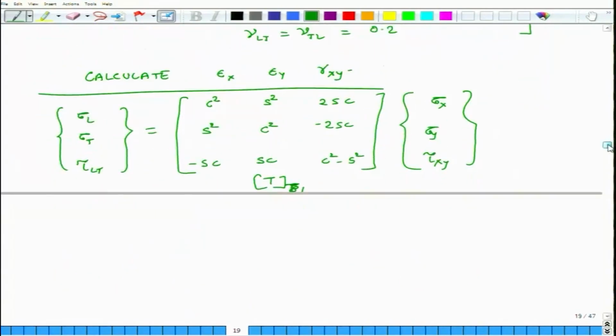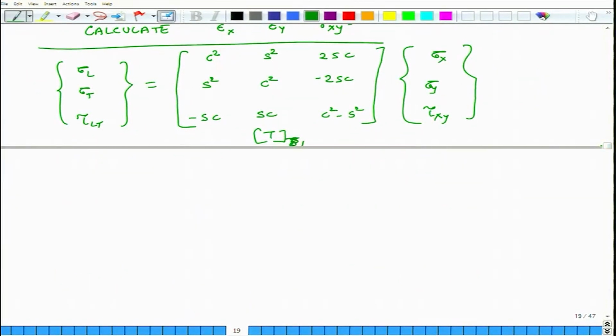So, first step is we are computing sigma L, sigma T, tau LT. So, what is theta? Theta is equal to 60 degrees. So, cosine theta is half, sin theta is root 3 by 2. Okay.